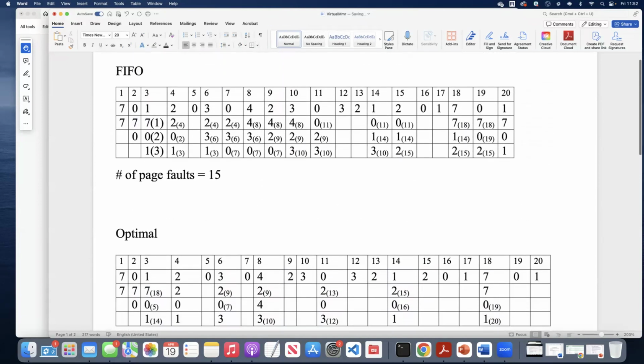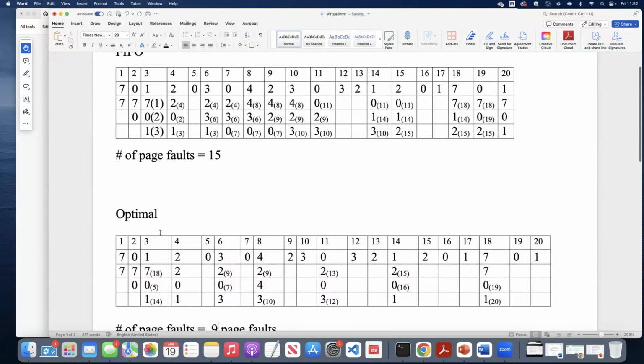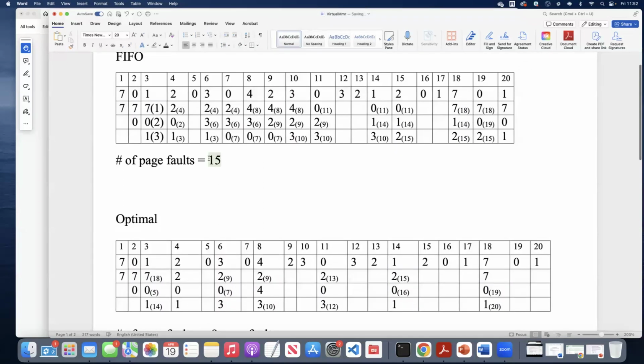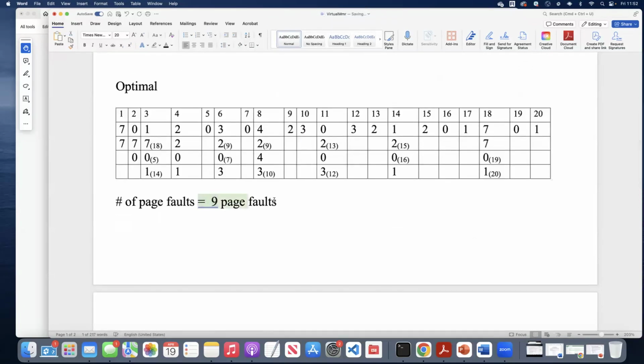If we compare FIFO and optimal with the same reference string, FIFO has 15 page faults, and optimal only has 9 page faults. So we can see the optimal algorithm is much better than FIFO.